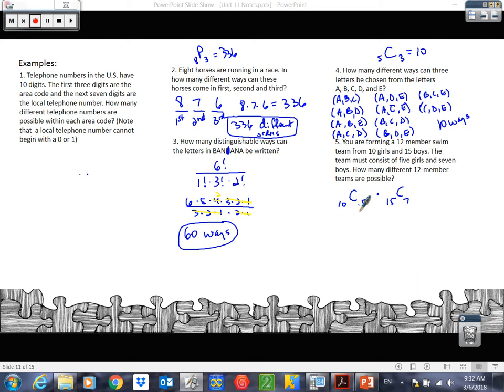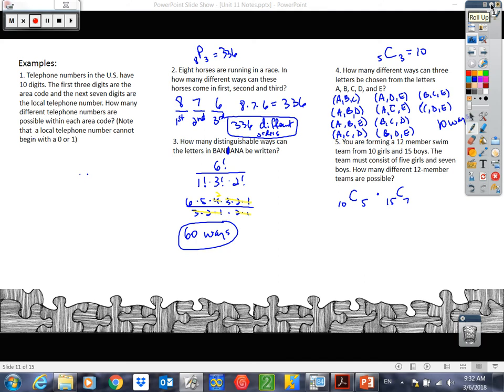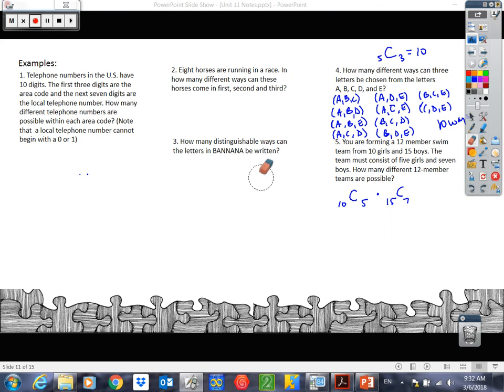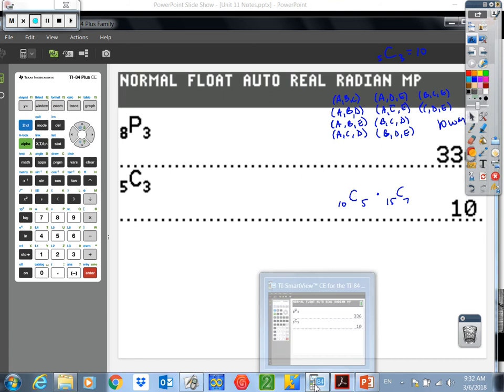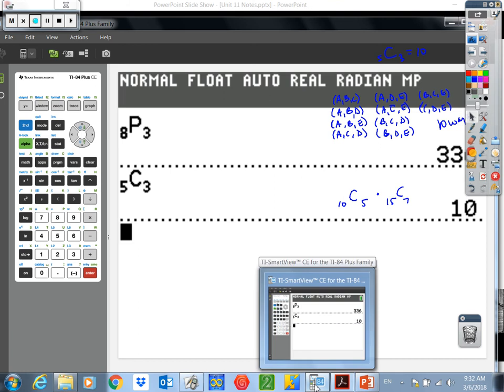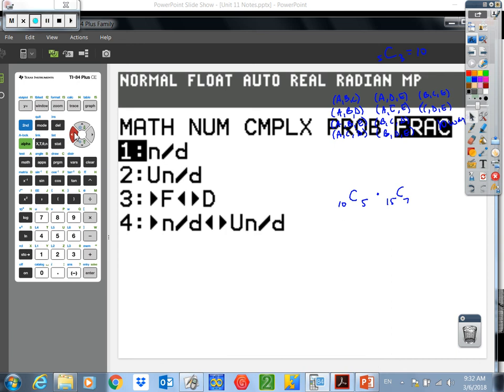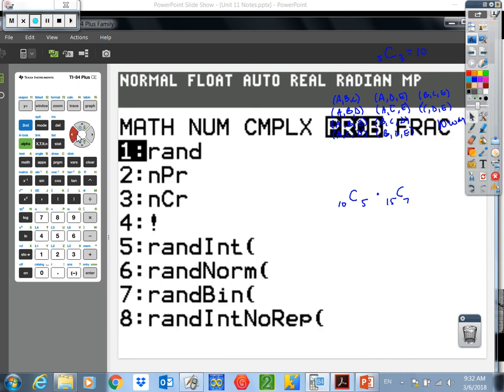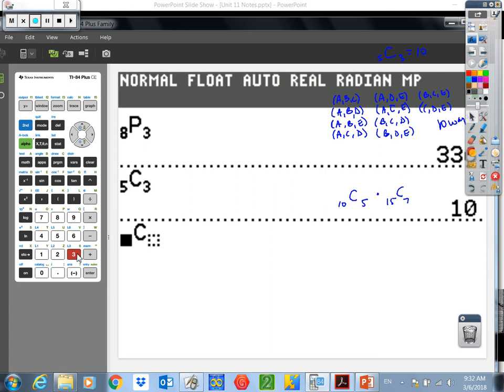So let's go to our calculator. Let me get rid of this stuff up here. Okay. Here we go. We're going to do combinations, which was math, probability, number 3.